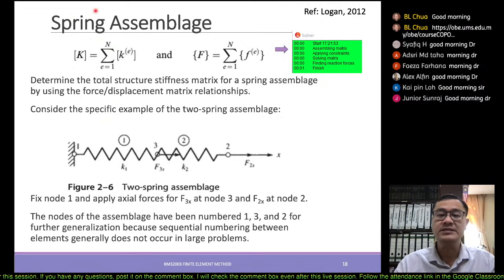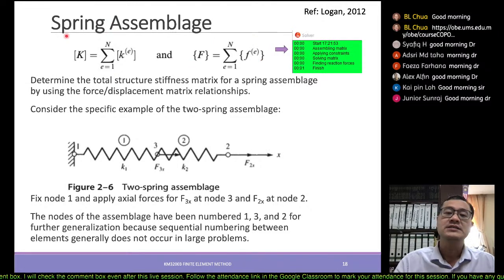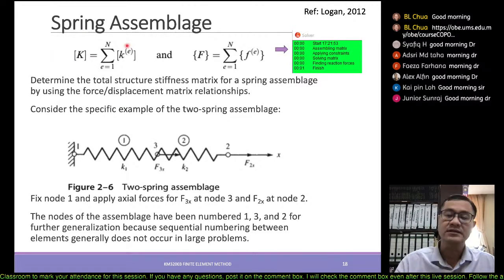From the spring itself, we have seen these equations presented in your slides previously, where we said we can assemble the stiffness for every single spring into a single matrix, or maybe we call it the total stiffness matrix.